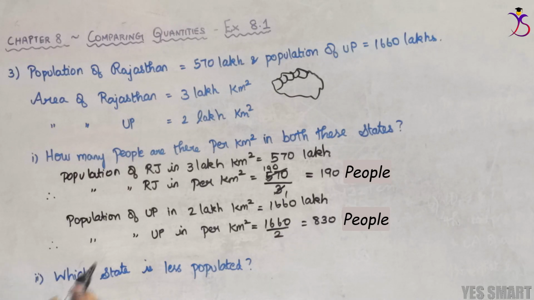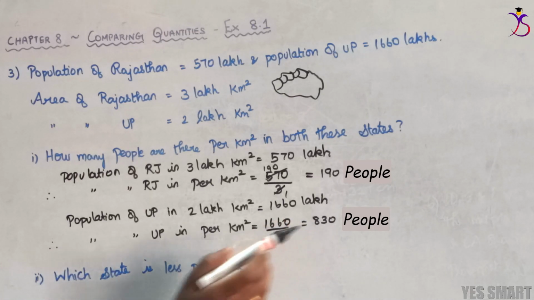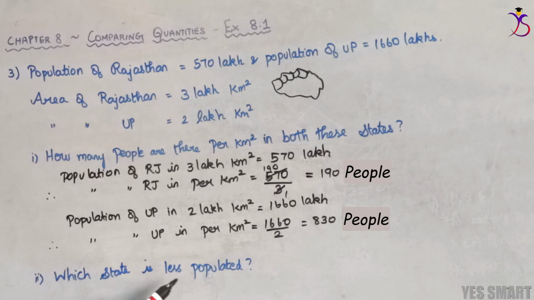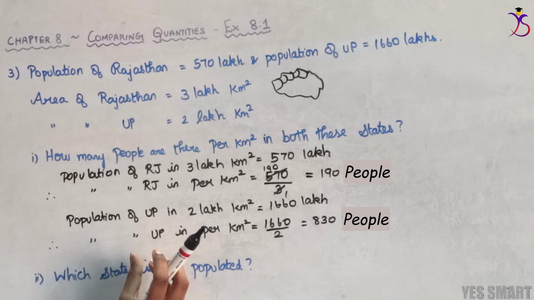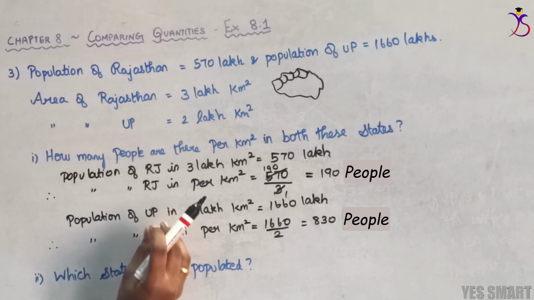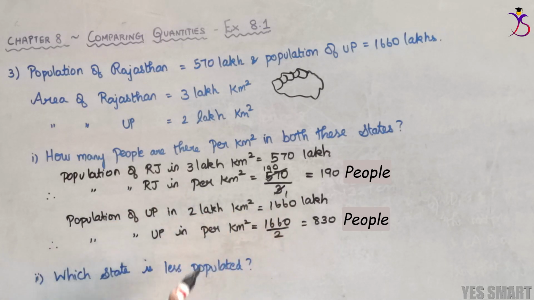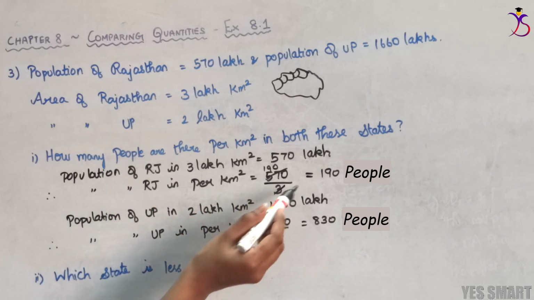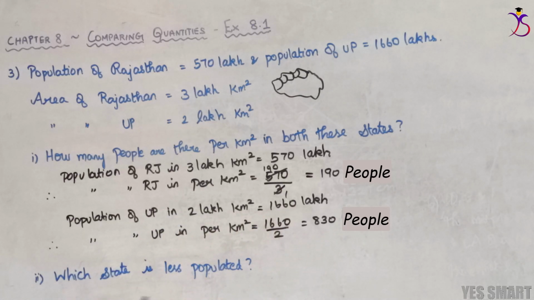Therefore, in 1 kilometer square, there are 830 people. Now, which state is less populated? Which state has a smaller population density? On comparing, we can clearly say that Rajasthan is less populated because in Rajasthan, there are 190 people per kilometer square, but in Uttar Pradesh, there are 830 people per kilometer square. Obviously, 190 is less than 830. Therefore, Rajasthan is less populated.